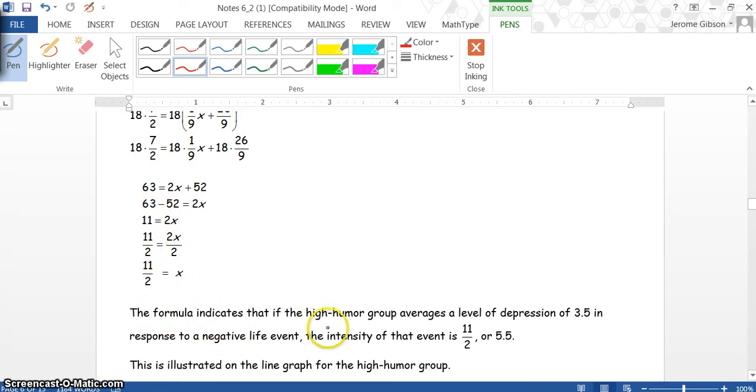So the formula indicates that if the high humor group averages a level of depression of 3.5, well, we used 7/2, which is 3.5, in response to a negative life event, the intensity of that event is 11/2 or 5.5. This is illustrated on the line graph for the high humor group.